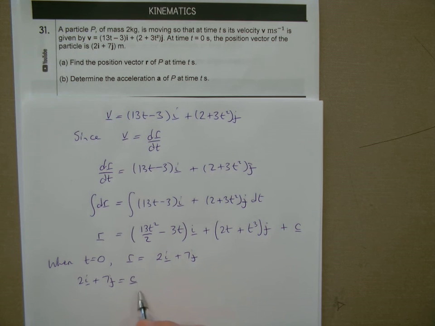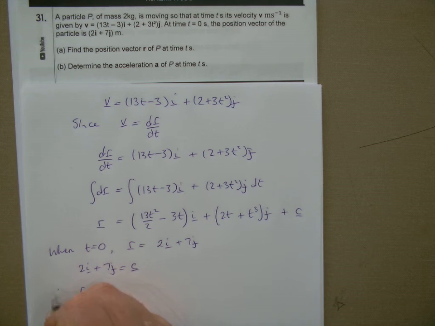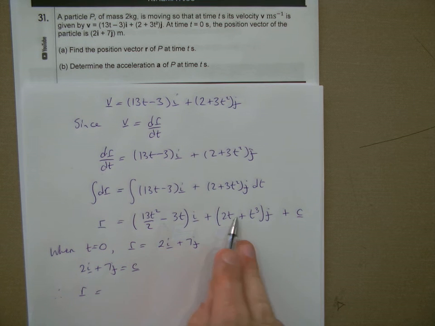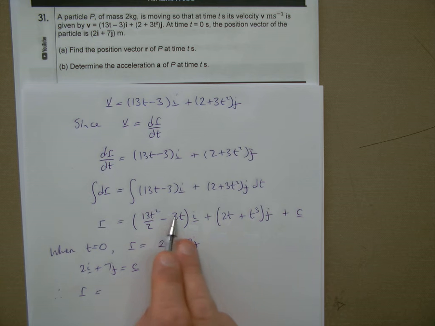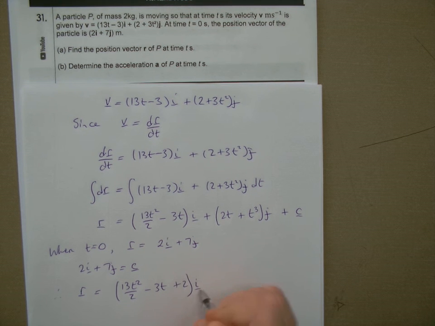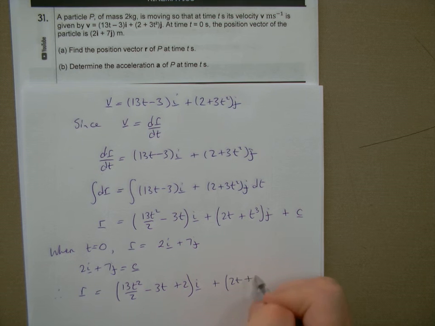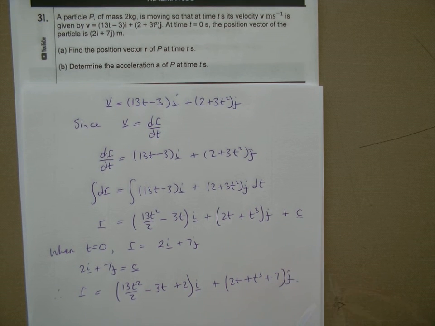To answer part A, the general position will be this plus this constant. Because the constant is 2i plus 7j, we can put the i's together and the j's together, so we'll have the plus 2 for the i, and the same here, plus the 7 for the j.